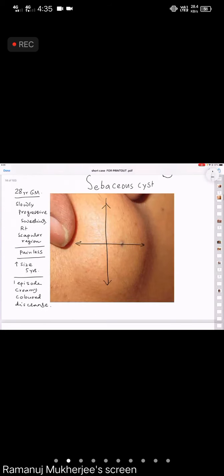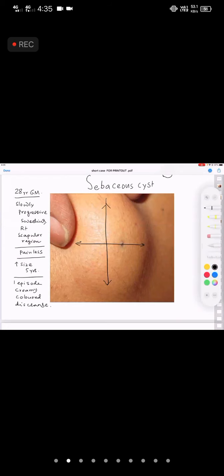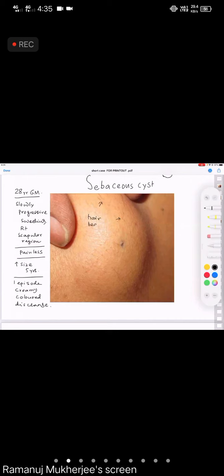Skin, however, if you see the picture in front of you, there is a peculiarity that you notice in the skin. I think you can see this very well. Number one, this is in which part of the body? This is in the hair bearing area of the body. Number two, you can see an important point. What is this important point, sir? Punctum. Can you see that?